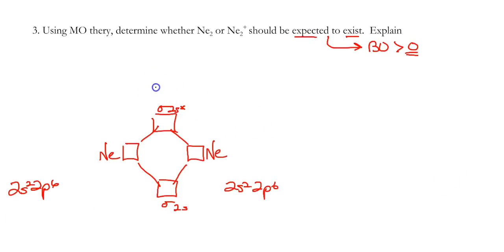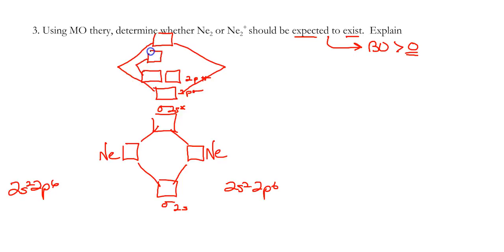So we're going to have 2p sigma here, 2p sigma, and then we're going to have the 2p pi bonding, 2p pi. This is going to make an anti-bonding orbital up here, and this is going to make 2 anti-bonding orbitals up here.